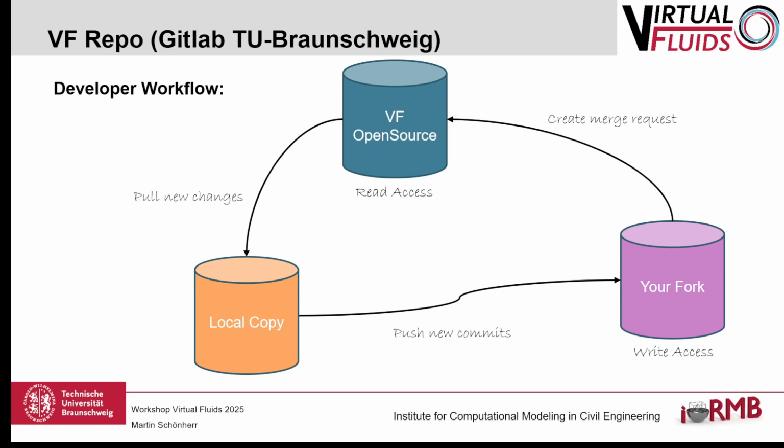So this is a living thing. This is changing every week, I guess. So when you come to work in the morning, the first thing you should do is pull new changes, if there's something new on our base repo, into your local copy, and then work on it. And if you implement something new, then push it to your fork.